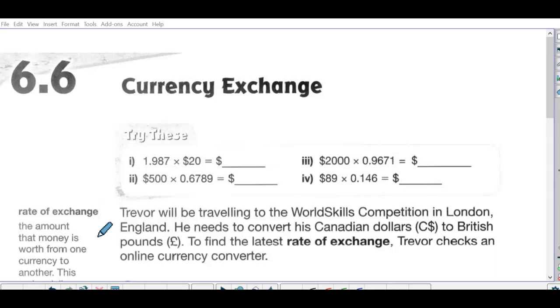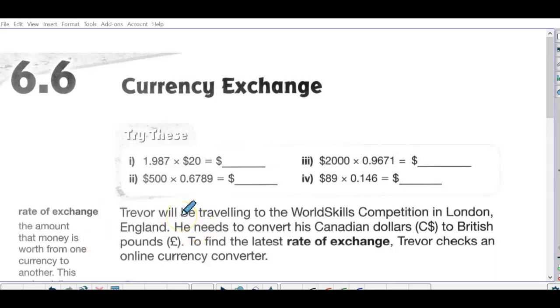If you listen to the news, usually they state during a newscast in the business portion exchange rates for the US dollar, sometimes the yen, sometimes the euro or the British pound, that kind of thing. So some of the more common exchanges. And so they change every day.